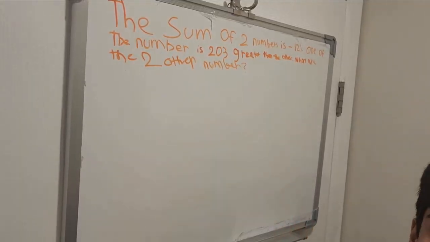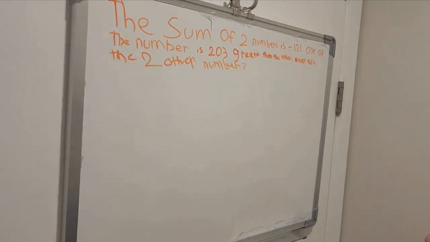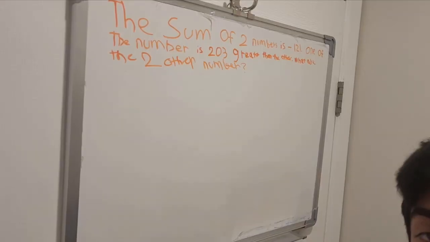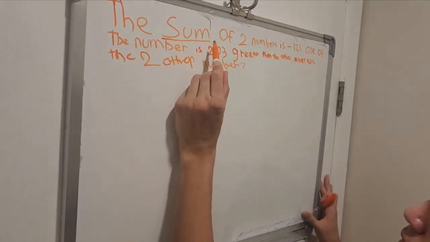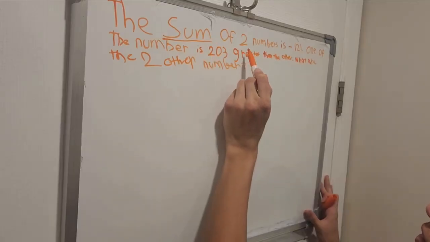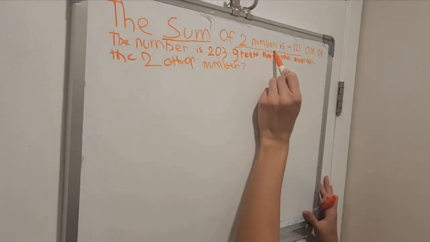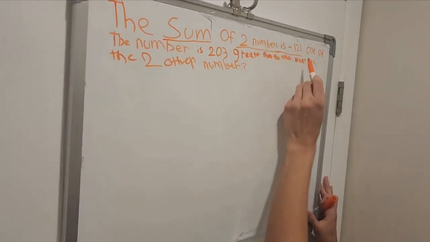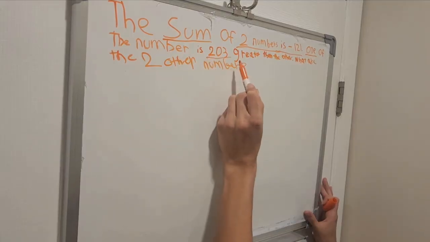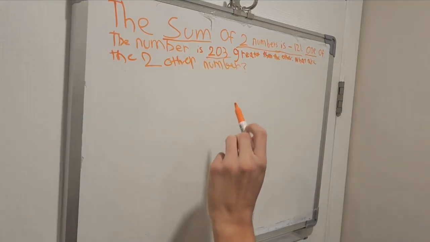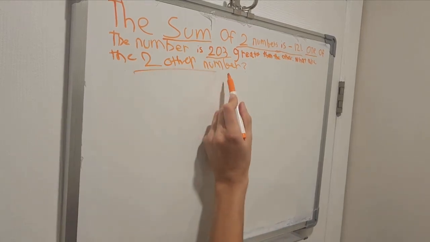Let's solve it. So we know from the first example that we label the important stuff, like the sum of the 2 numbers is, and one of the numbers is greater than the other.